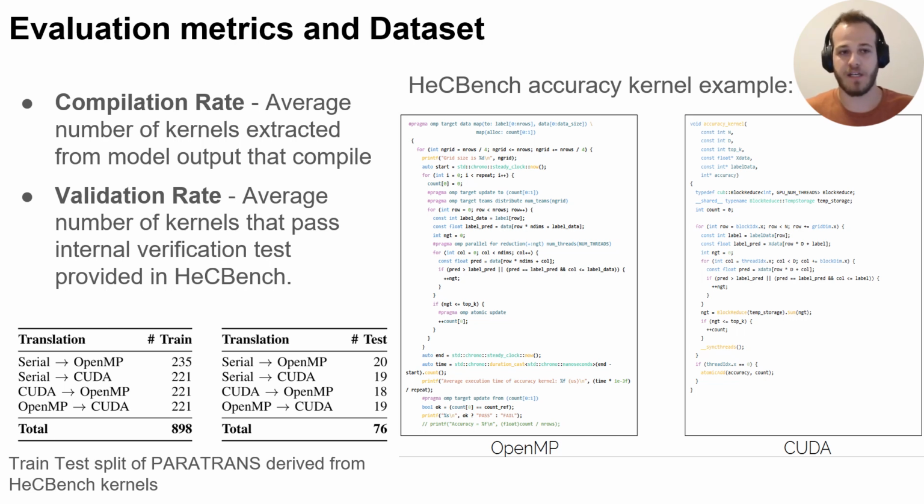And what we're basically looking at is the compilation rate, so the average number of kernels that compile successfully after we translated them. And also the validation rate, which is the number of kernels that pass the internal validation test that's available in Hackbench. And so we're looking to see what are the out-of-the-box validation and compilation rates and how we can improve them.